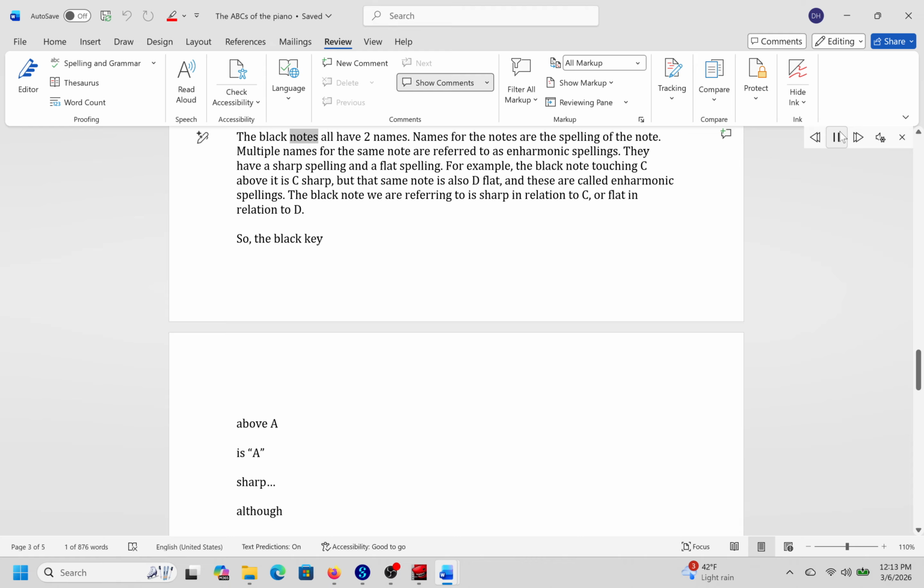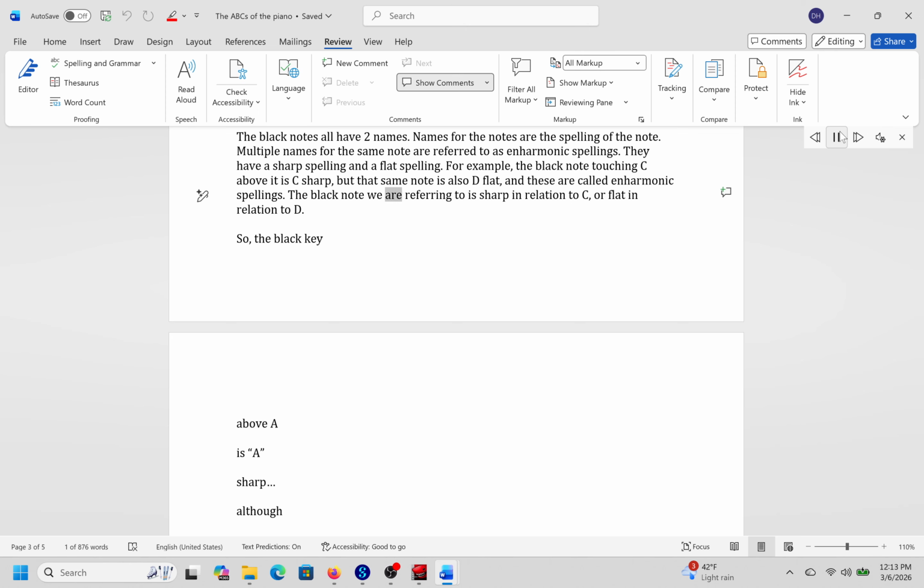The black notes all have 2 names. Names for the notes are the spelling of the note. Multiple names for the same note are referred to as enharmonic spellings. They have a sharp spelling and a flat spelling. For example, the black note touching C above it is C sharp, but that same note is also D flat, and these are called enharmonic spellings.